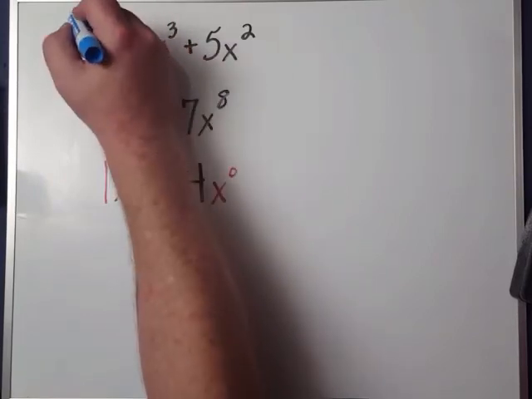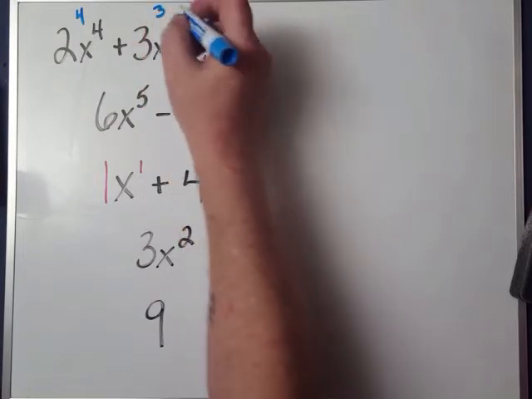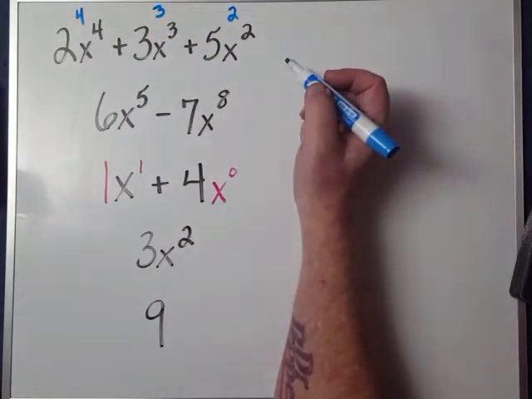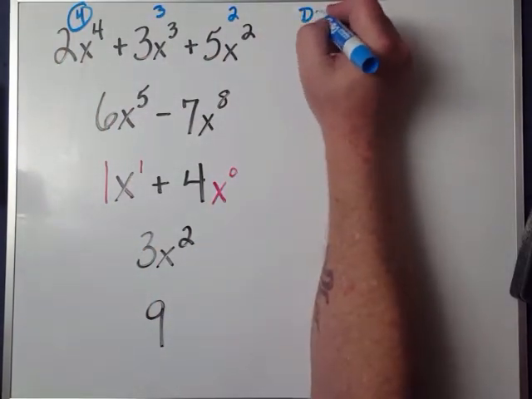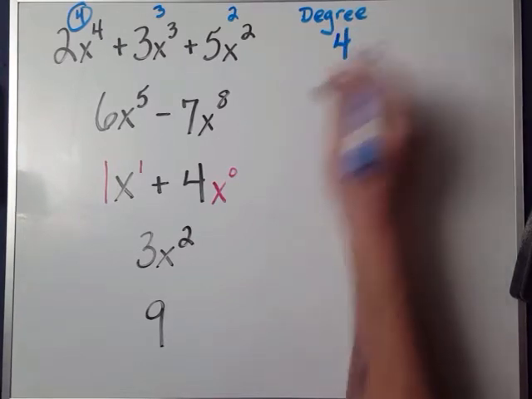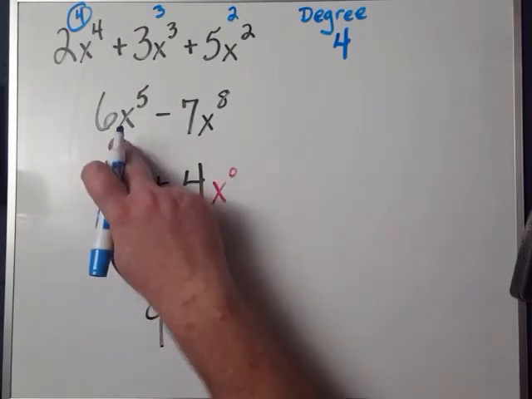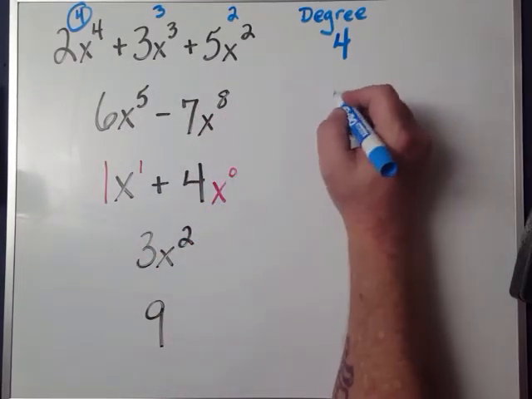Our first term has degree 4, our second term has degree 3, and our third term has degree 2. Pick the biggest. The degree of this first polynomial is 4. What's the degree of this second polynomial? Well, the degree of the first term is 5, the degree of the second term is 8, the biggest is 8.